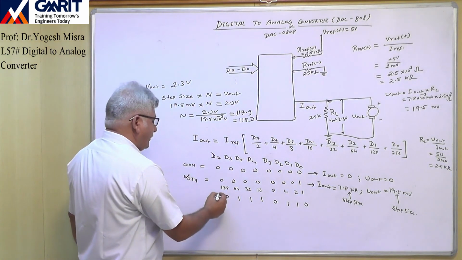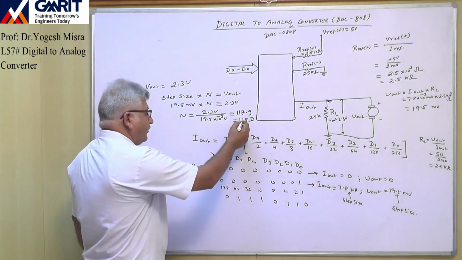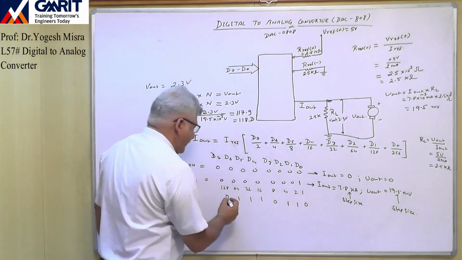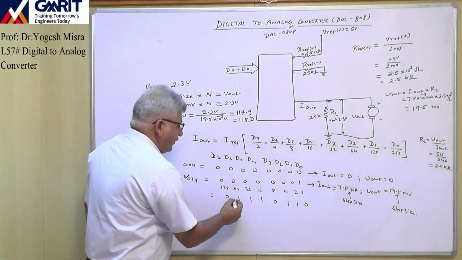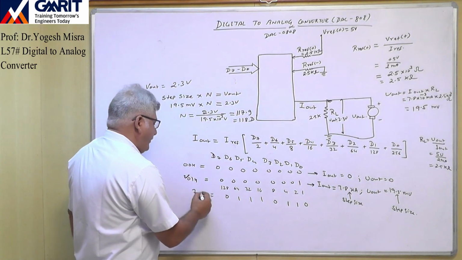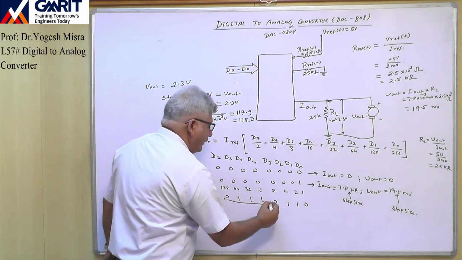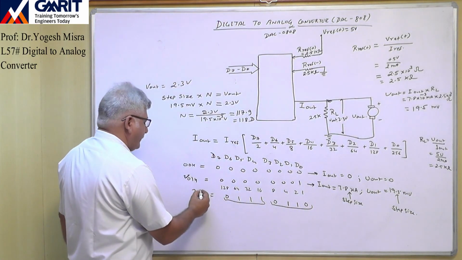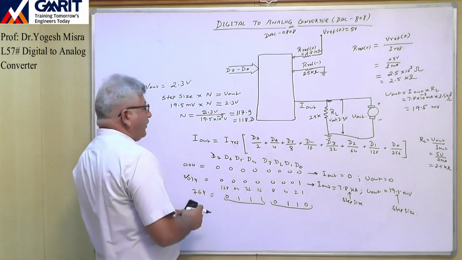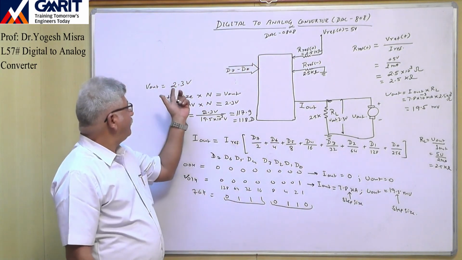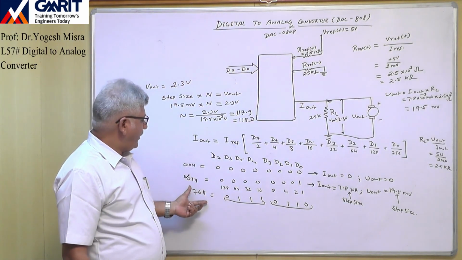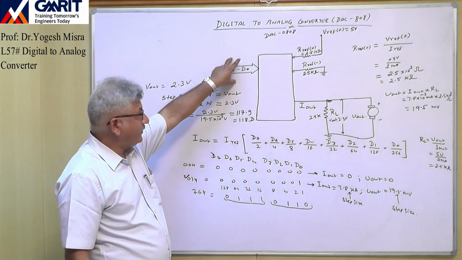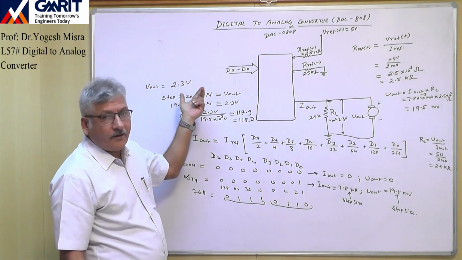So this is the binary value. In hexadecimal, it is 7 for this, and this is 6, so 76H. Now to generate 2.3 volt, we have to send 76H to these digital lines, then we can get 2.3 volt.